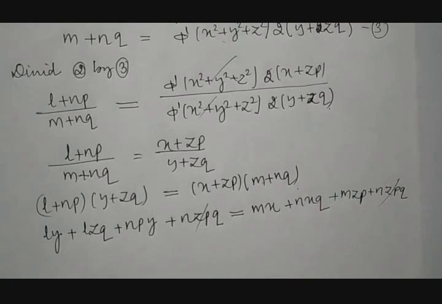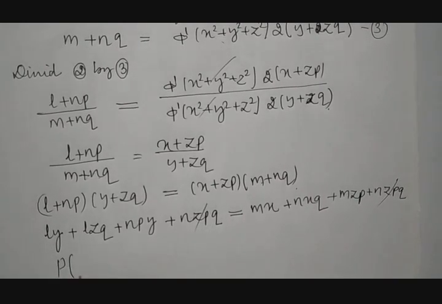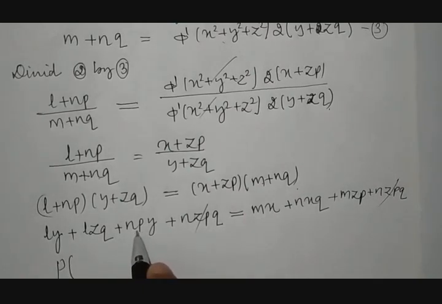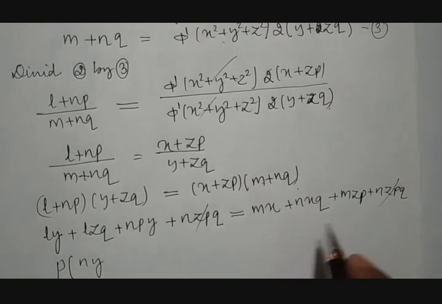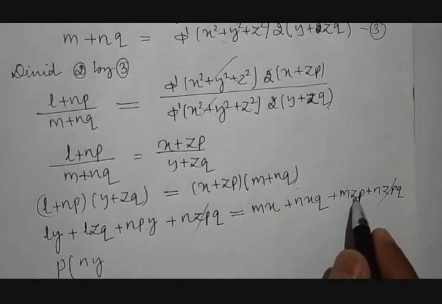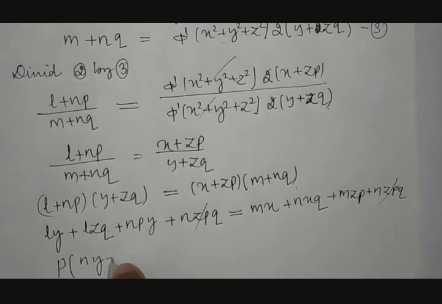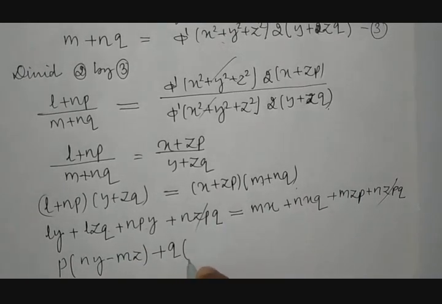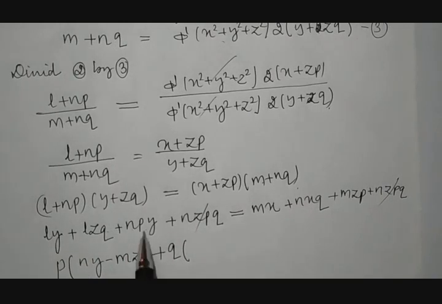Then what we need to do, we need to make a group of p and q. If I make a group of p, what will I be getting from here, we will be getting ny, from here we will be getting mz. If you take this mz to the other end, it becomes minus mz, plus q into, what is q here? Lz.